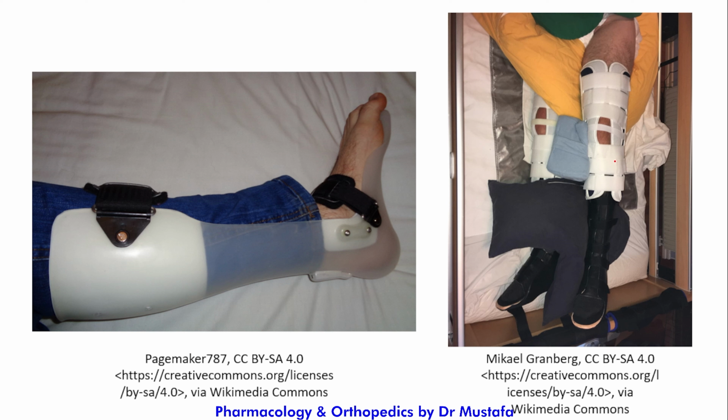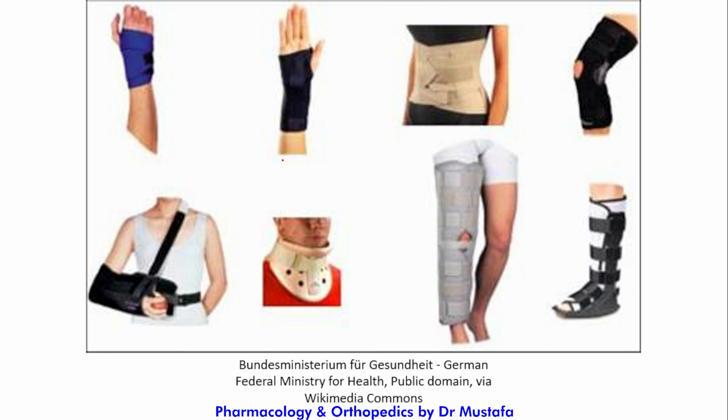On the right side here, we have a knee brace, and also here we have an ankle orthosis, or ankle brace, that's used for a patient with foot drop to hold the foot in place and prevent it from dropping. We have a lot of different braces. We have for the wrist, we have for the back, and other types.